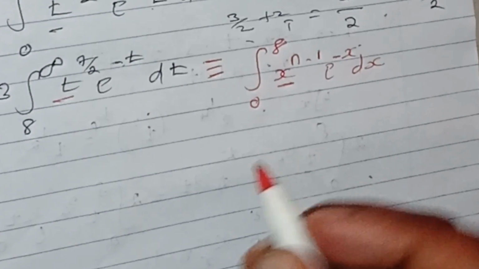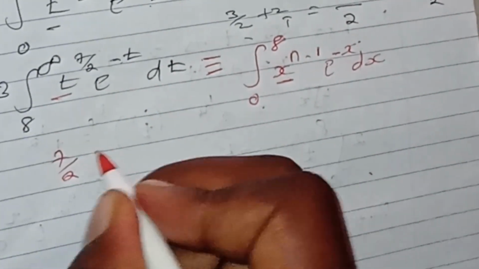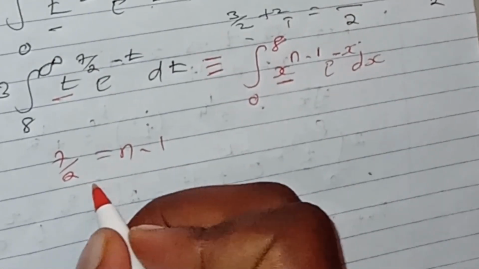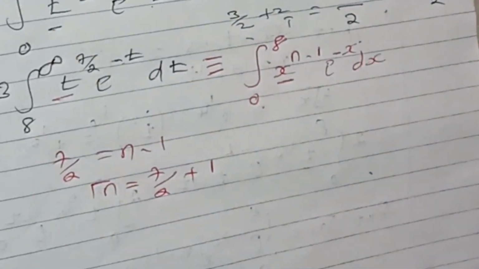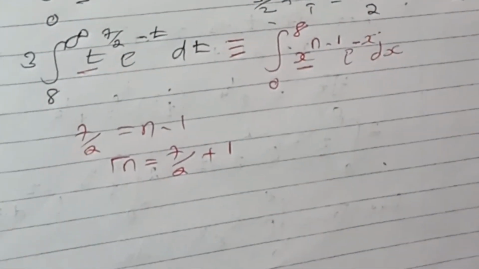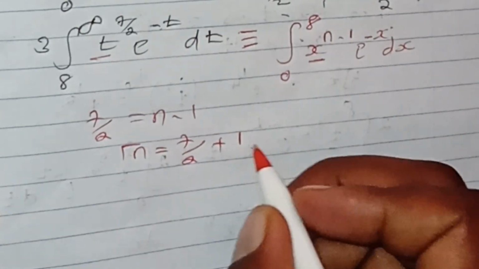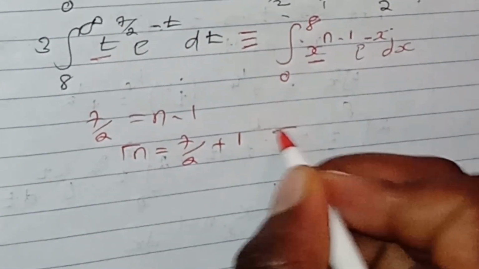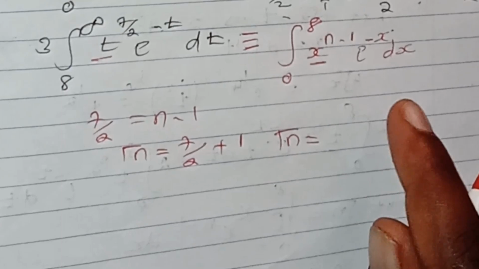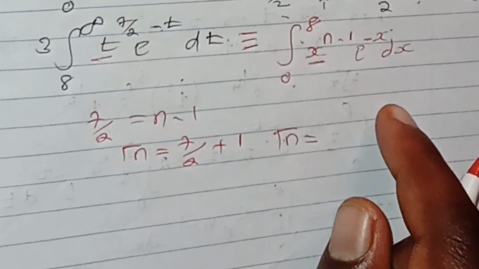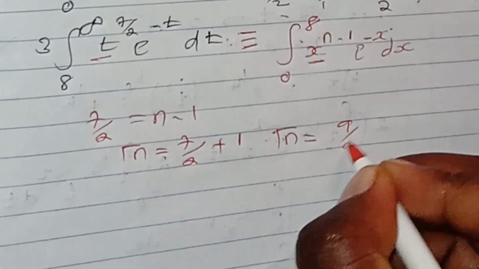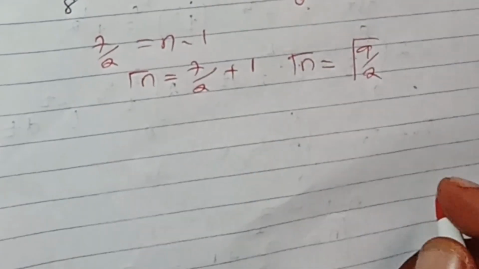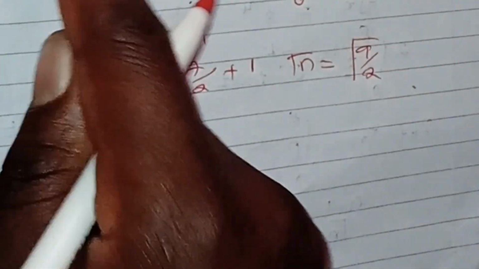You compare only the powers. So 7 over 2 is equal to n minus 1. So n will be 7 over 2 plus 1, okay? 7 over 2 plus 1. This will be gamma 9 over 2 multiplied by 3. The 3 we factored out.